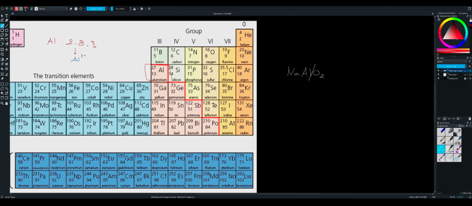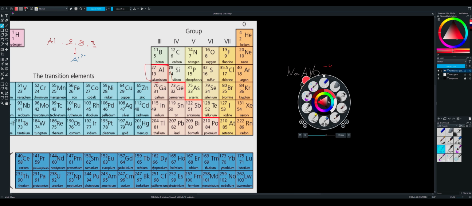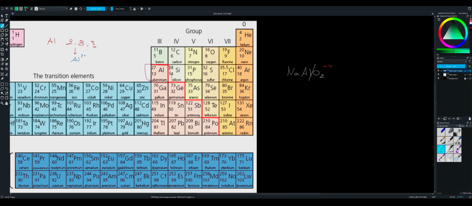So we have 2 of them, so we have a total of -4 charge. On the other side, we have our cations, which contribute with positive charge. Each aluminum, as we've agreed, is contributing with 3 positive charge, and we only have 1 aluminum, so we have 3 positive charge.